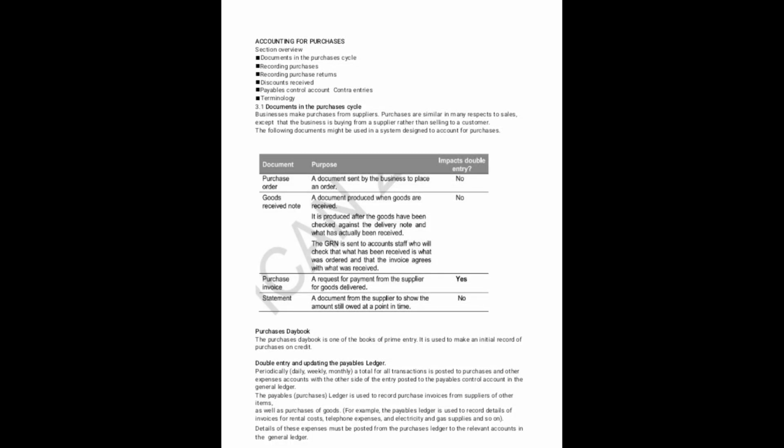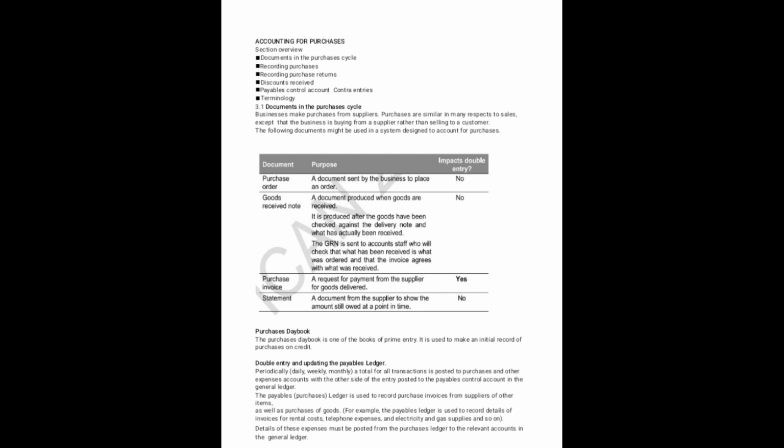Okay, so today we are going to touch on accounting for purchases. We are also going to look at depreciation of fixed assets.